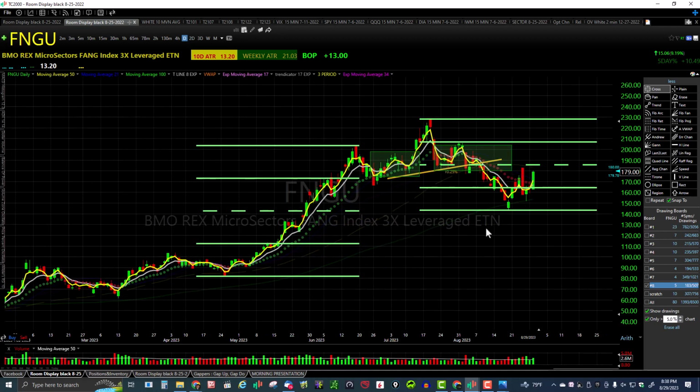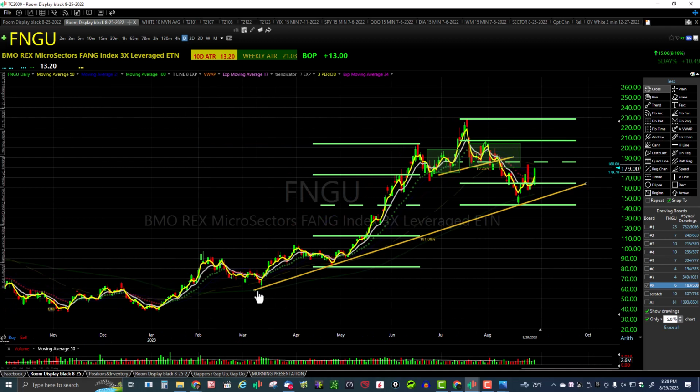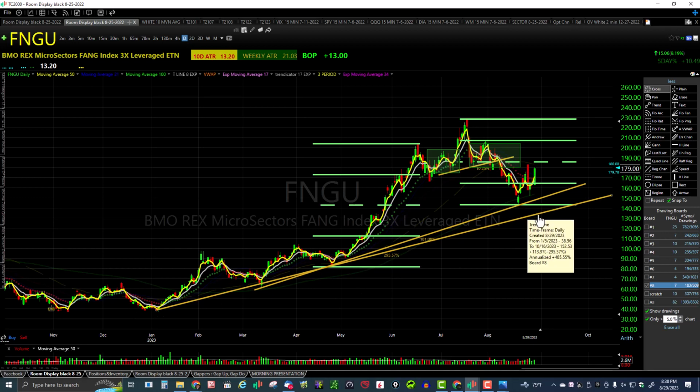This could have some more downside. If we draw the trend line in, this could drop even further. There's one trend line, and then here's another trend line. So it dropped to here, it could even drop to here. We'll see what happens.